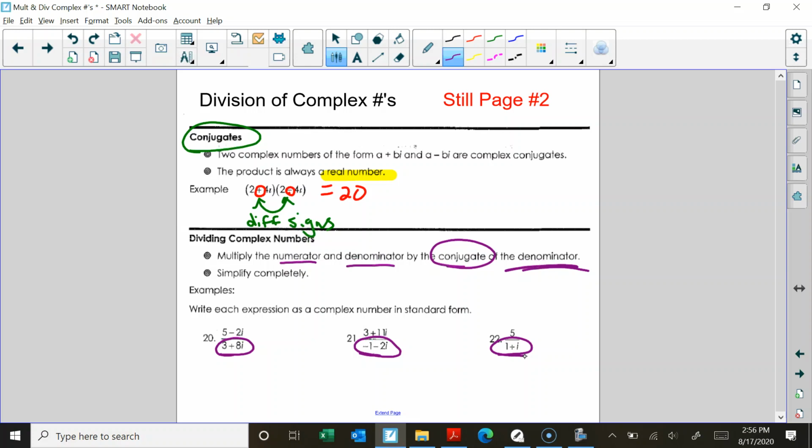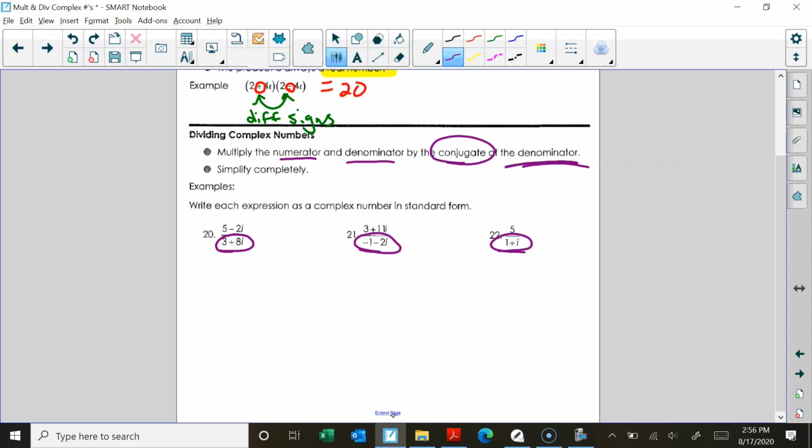So in order for us to do the division, we first have to create the conjugates for each problem. The conjugates for each problem will be 3 minus 8i, negative 1 plus 2i, and 1 minus i.